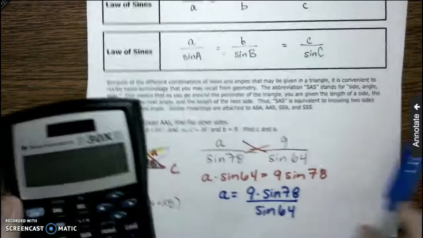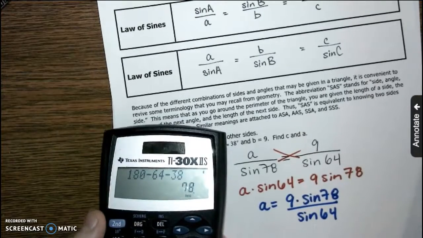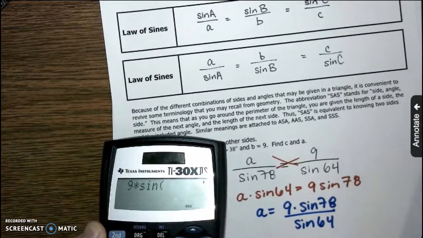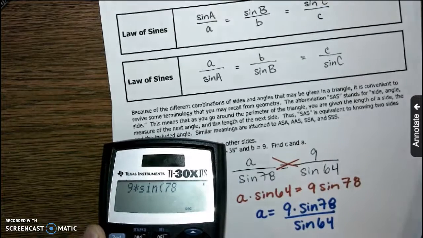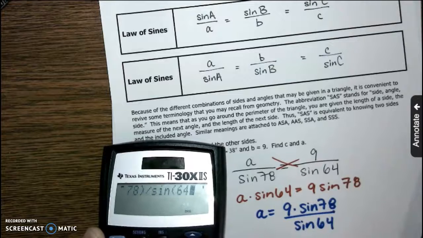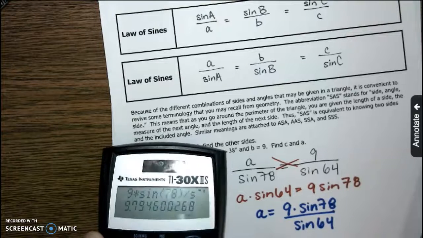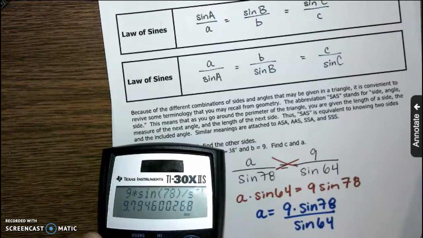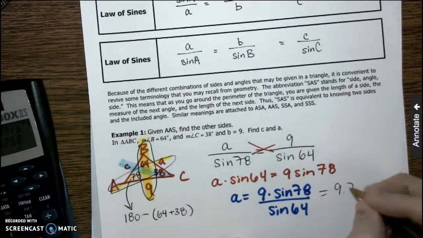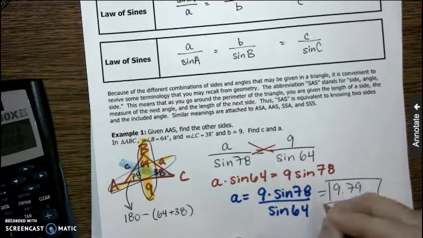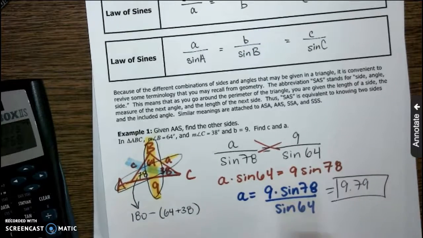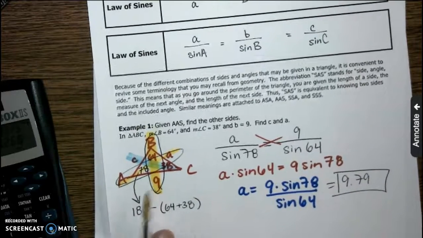Make sure you close parentheses on your trig function and that you're in degrees. I'm getting 9.79 for A, which is very comparable to B, which was 9. So my answer makes sense for what I have been given.